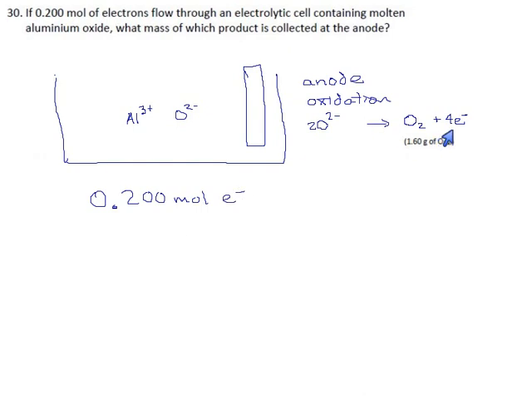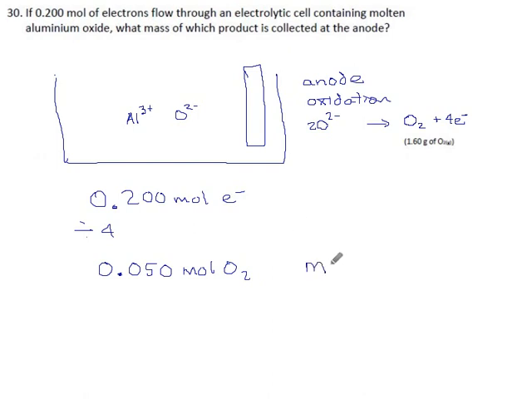The ratio here is it costs 4 moles of electrons to make a single mole of oxygen. In other words, take your electrons, divide by 4, and that's your amount of oxygen. So if we divide this by 4, we get 0.050 moles of oxygen molecules.